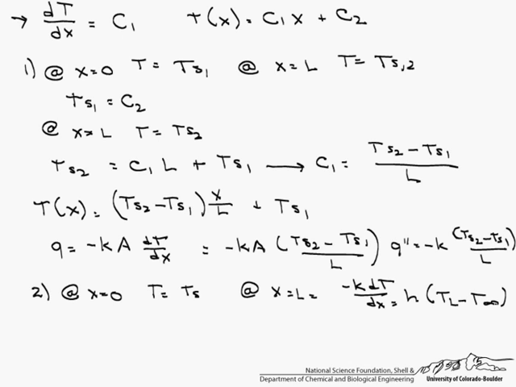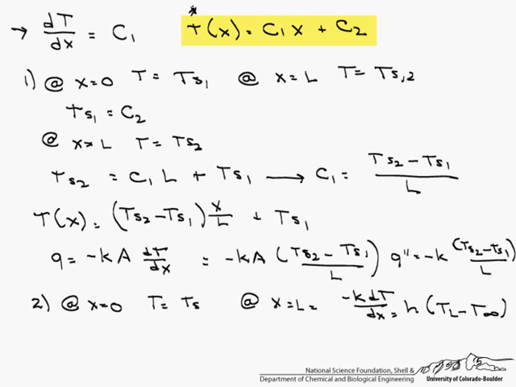So let's go back to our T of x and put in some boundary conditions. At x equals 0, we have the exact same thing as we had before. Ts equals C1 times x, which is 0, plus C2. So our C2 is just Ts.